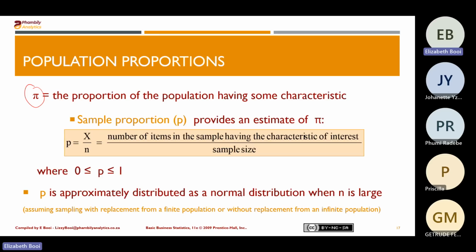And always remember that, because we're talking about proportions, your sample proportion and your population proportion can never be bigger than 1, and they can never be lower than 0. So your proportions always lie between 0 and 1.